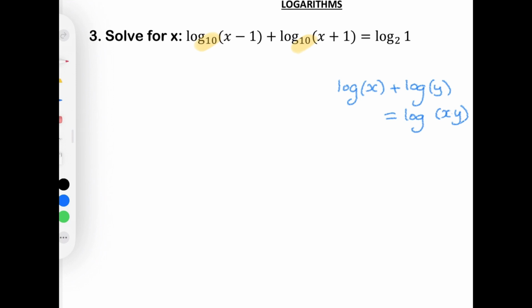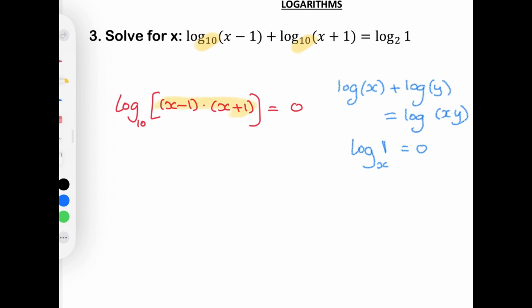So using this property we can write log with base 10 of x minus 1 times x plus 1, and we know that logarithm of 1 with any base is always 0. So the right hand side of the equation becomes 0.